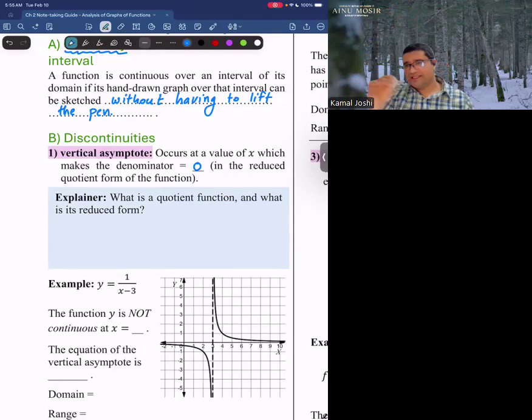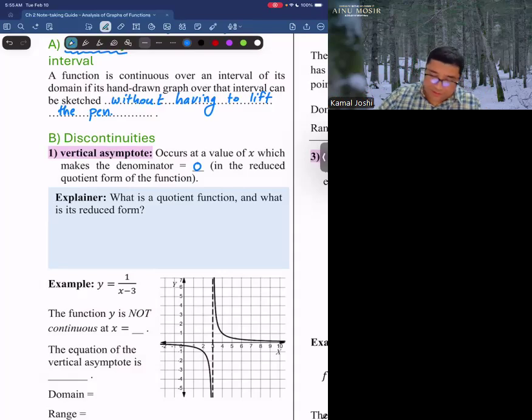Then I have to lift my pen and start on the other side, right? So a vertical asymptote is a discontinuity. You can see the graph on the bottom right here. From the left to the right, you have to lift your pen. So when there is a vertical asymptote, you get discontinuity. And what we are saying here is it occurs when the denominator is 0. Makes sense, right? If the denominator goes to 0, the fraction goes to infinity.